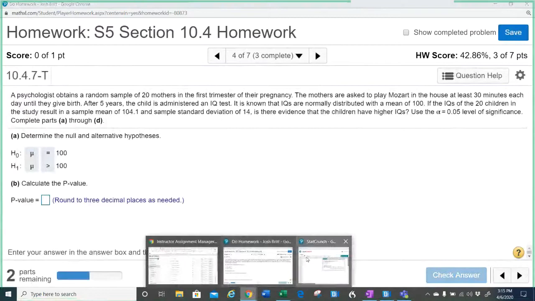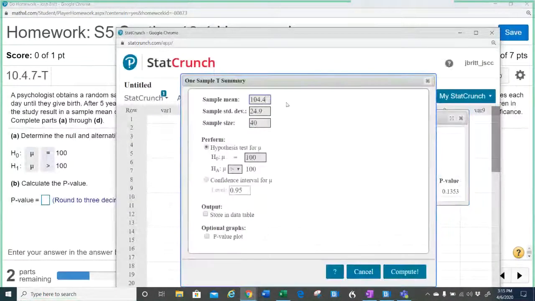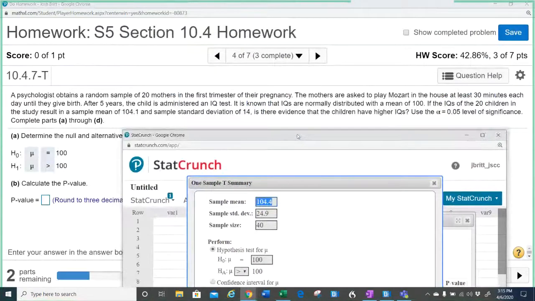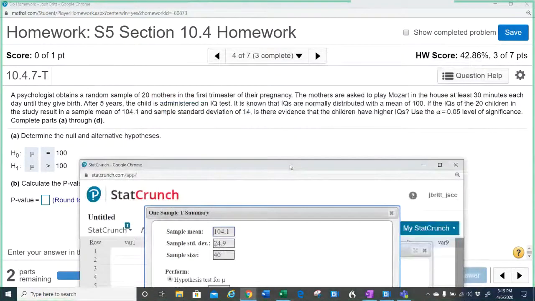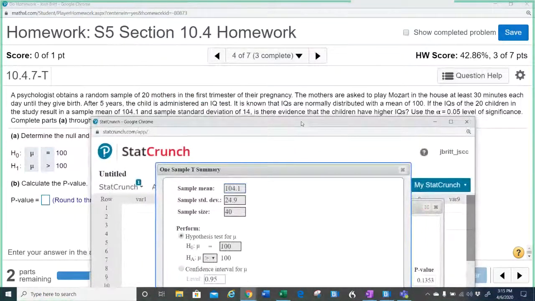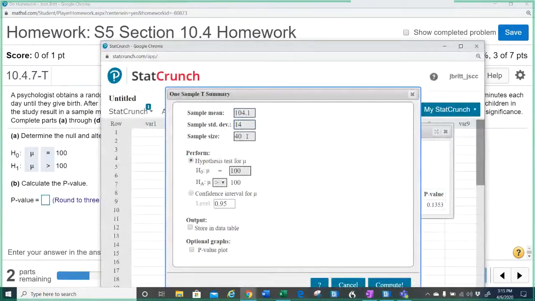So we'll grab our test statistic and p-value. Sample mean was 104.1. Standard deviation 14. Sample size was 20. So 100, greater than 100.